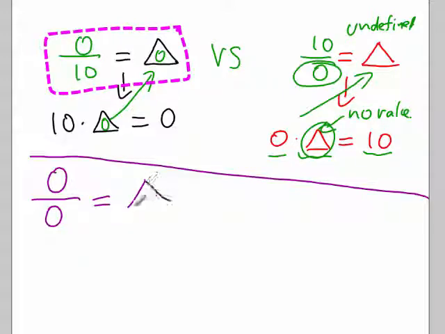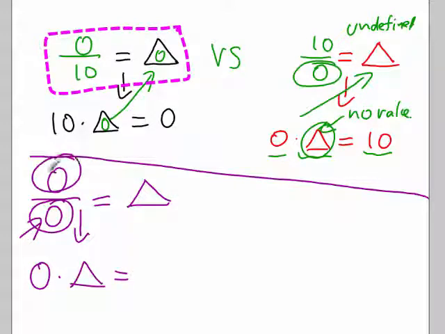What would that be? You would think it to be undefined because 0 is in the denominator, and it is undefined, but there's a different situation going on here. If we write this statement in terms of multiplication, it would be the bottom 0 times something, the triangle, would have to equal the numerator, 0. 0 times what would be 0?